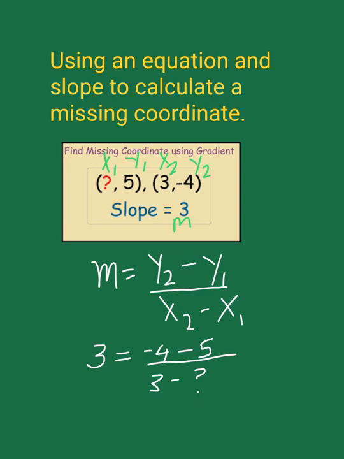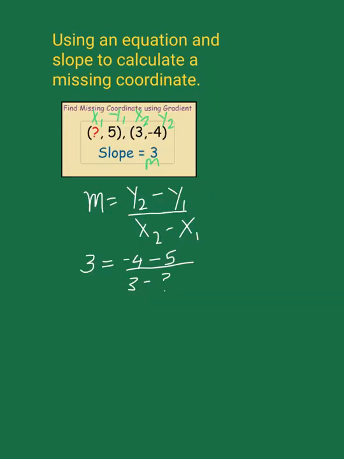Okay, we can solve this for the question mark, no problem. All right, so I have 3 equals negative 4 minus 5, which is negative 9, over 3 minus question mark. How am I going to solve this?